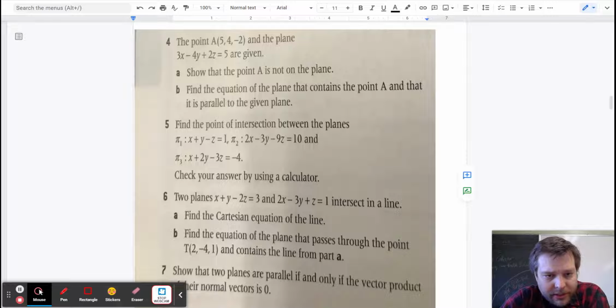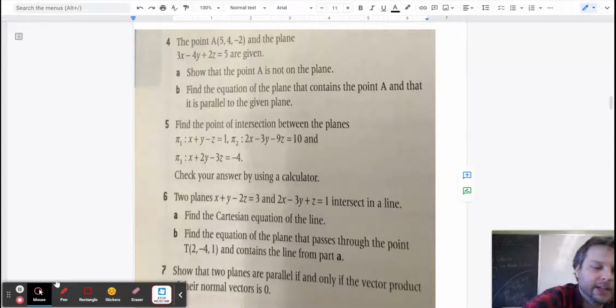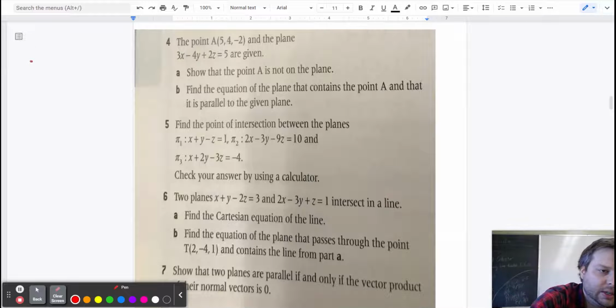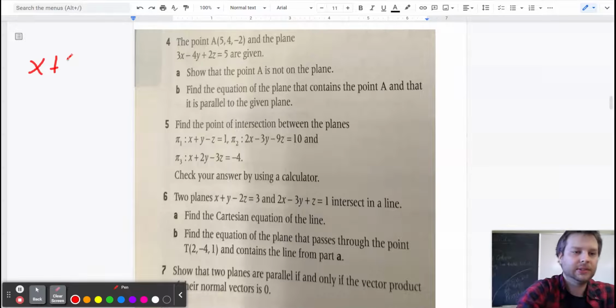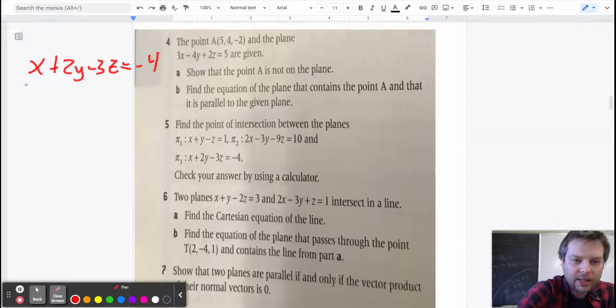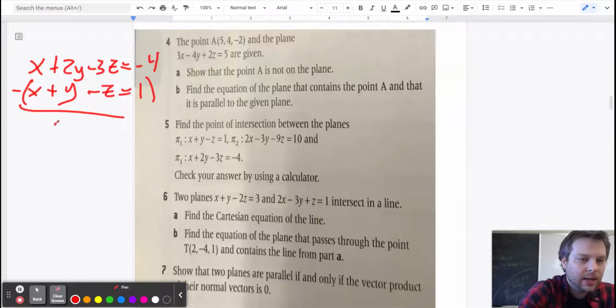So I'm going to start with plane number 1 and plane number 3, and the reason I'm going to start with those is because they have the same number of x's. So if I take plane number 3, x plus 2y minus 3z equals negative 4, and I write underneath that plane number 1, x plus y minus z equals 1, and I subtract those two planes, I get y minus 2z, if I didn't mess up my negatives.